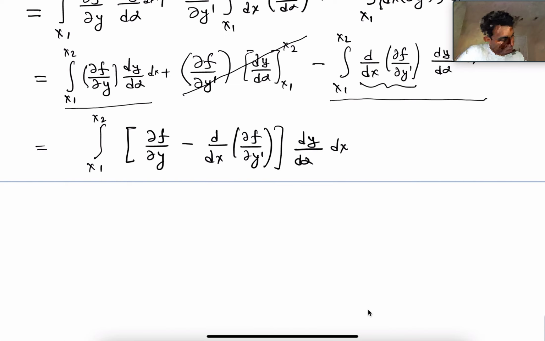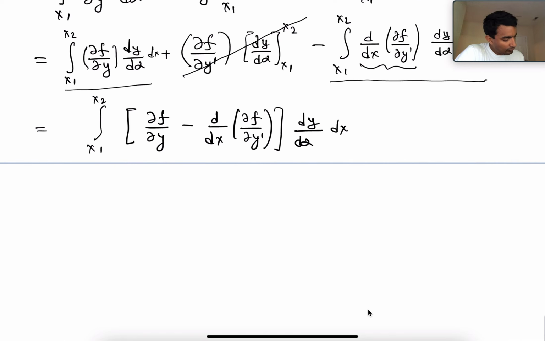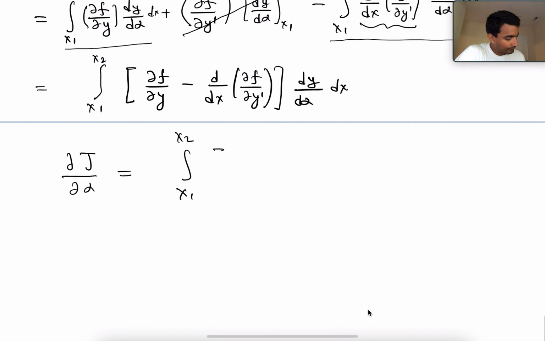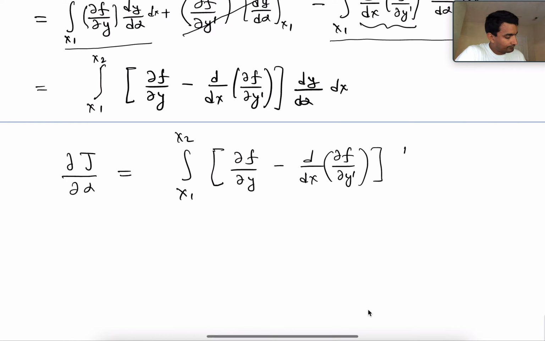Okay, and now remember, what we have done is we have written del j by del alpha as the integral from x1 to x2 of the partial derivative of f with respect to y minus d by dx of the partial derivative of f with respect to y prime, times dy by d alpha dx.